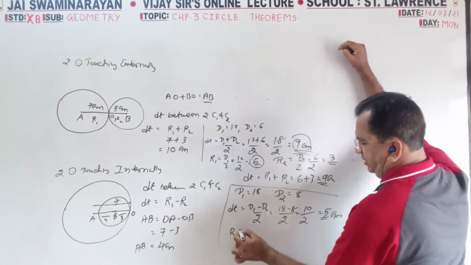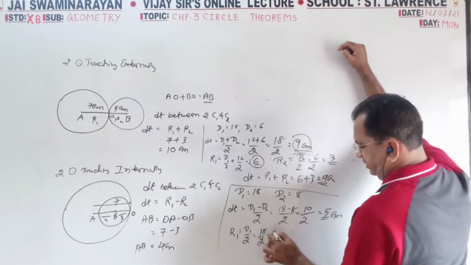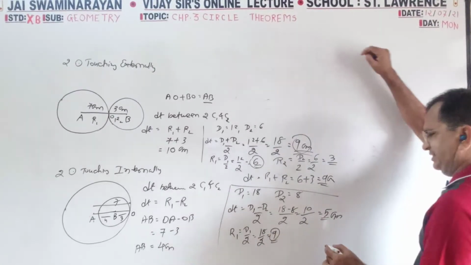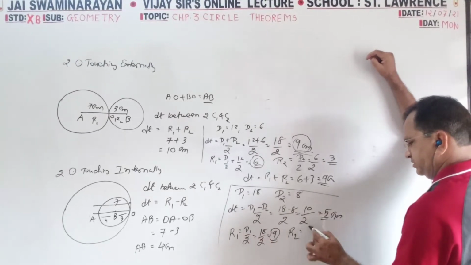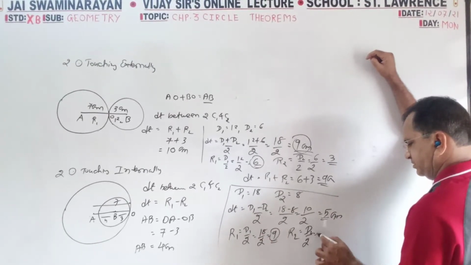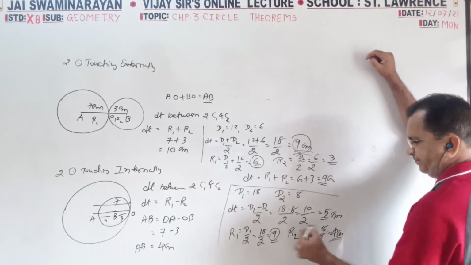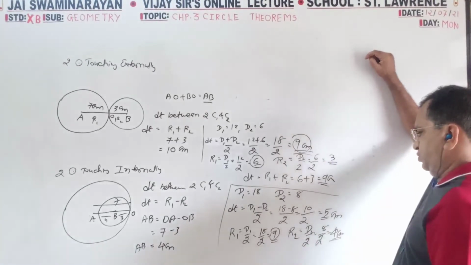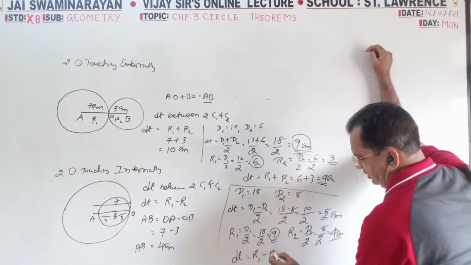Now radii 1 is equal to diameter 1 by 2. 18 by 2, it is 9. So radii 2. Okay, now the distance is equal to radii 1 minus radii 2.